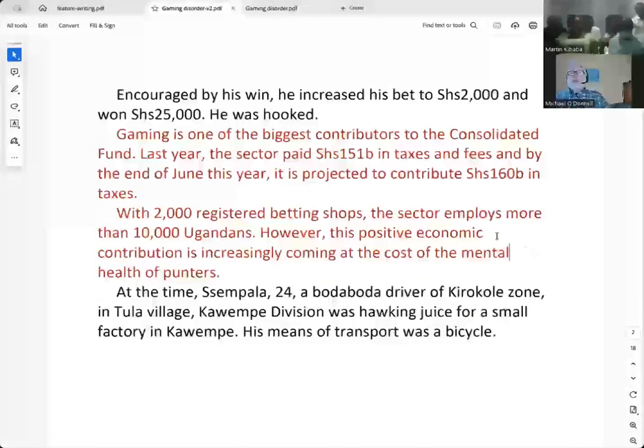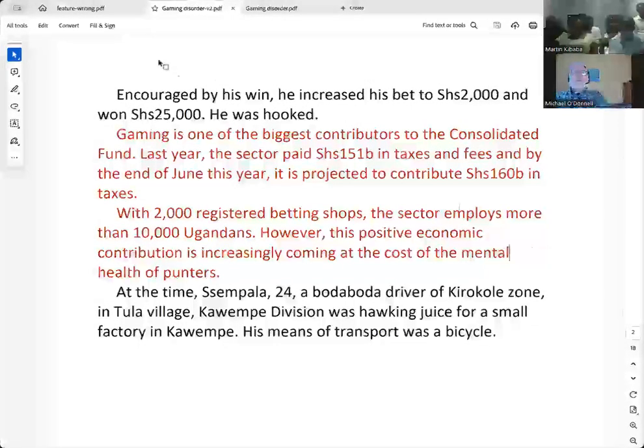So the nut graph is right here: with 2,000 registered betting shops, the sector employs more than 10,000. However, this positive economic contribution is increasingly coming at the cost of the mental health of punters. Okay, that's what we call a nut graph. It takes the lead, and now it expands that lead into what the story is all about.